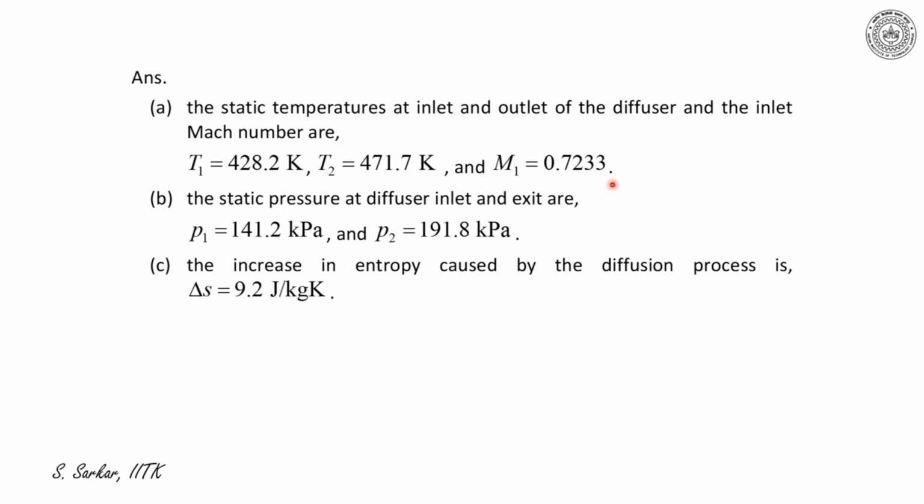Furthermore, the static pressure at inlet and exit, P1 is 141.2 kilopascals and P2 is 191.8 kilopascals. So please appreciate the increase in static pressure because of the diffusion process. Furthermore, since the diffusion process is a non-isentropic process, because there will be an increase of entropy during the process, del S is given by 9.2 joule per kg per K.